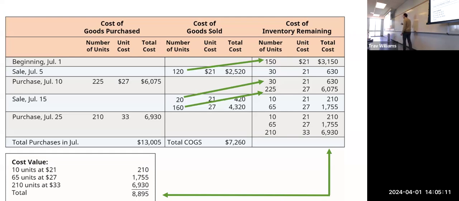So that's how specific identification, FIFO and LIFO work in this perpetual inventory approach. Any questions on that?